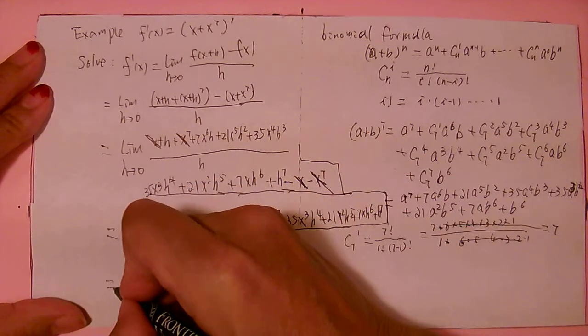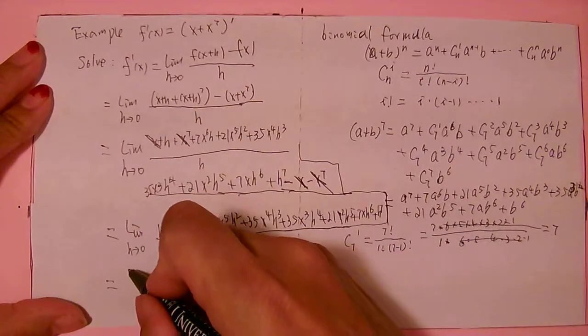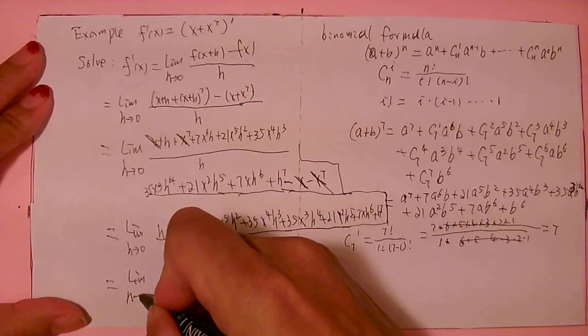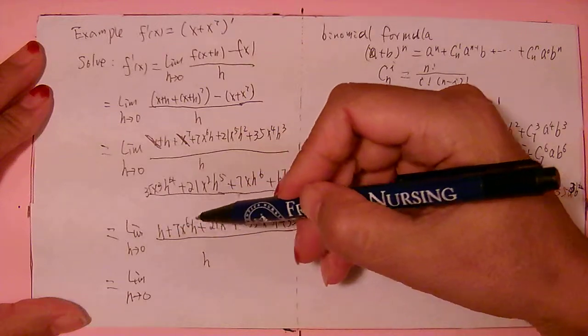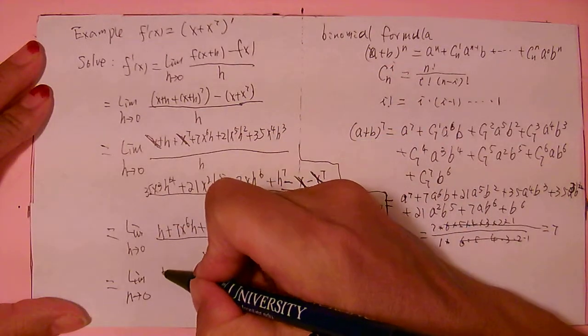Now we're going to factor these things out because each term has h. We factor out one h.